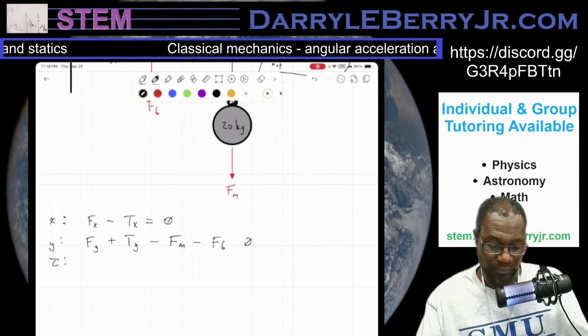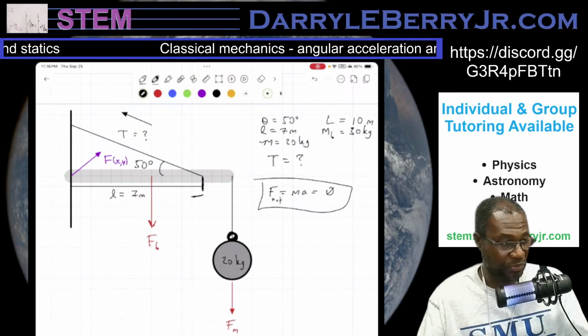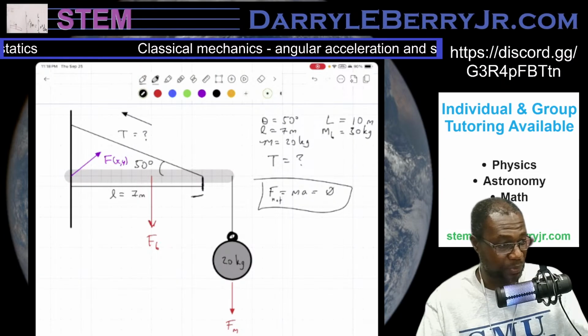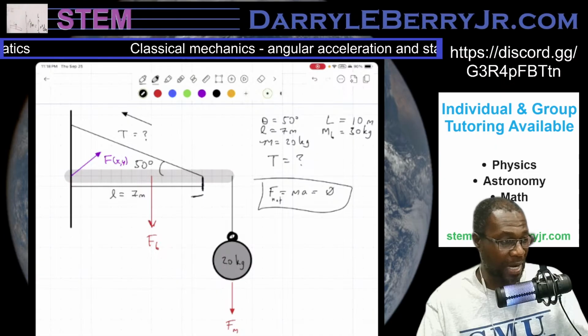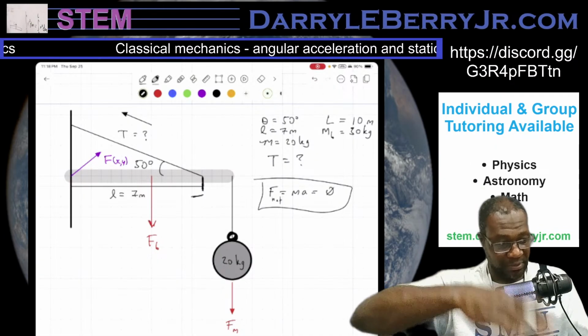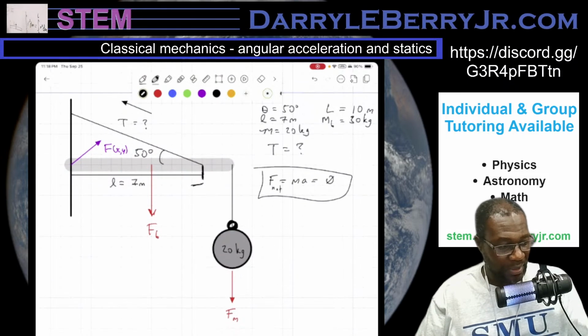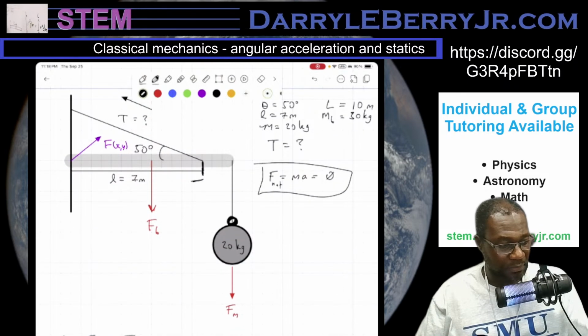The beam is pulling straight down. The force of the wall is pushing out and up. The tension wire is pushing up and to the left. There's also a spinning force, a torque, and this is going to be like so.